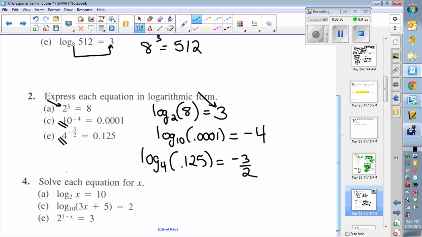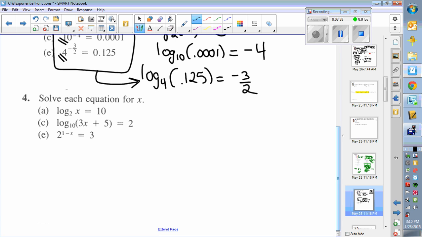Okay, so that's writing your exponential expression into a logarithmic form. And now we'll try the last one in number 4. We'll try and solve some of these for x.